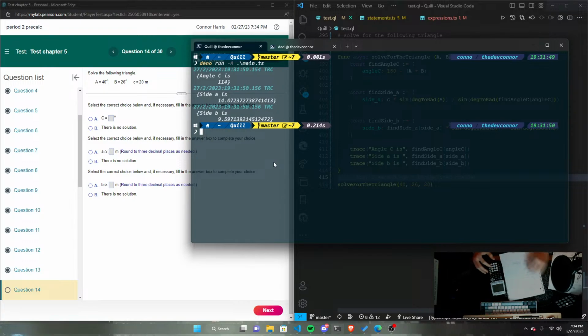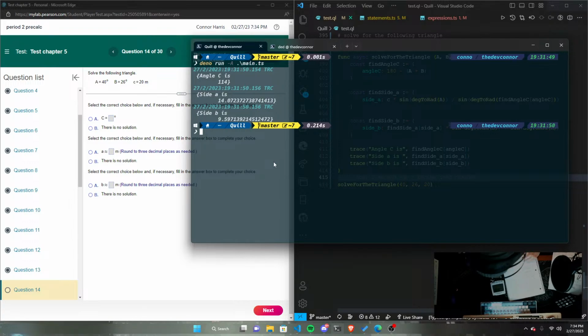Okay, so we have, oh crap, I didn't mean to do that. Let's store this value. And we'll have sine of 26 divided by the sine of 40. Make sure our degrees are, of course we get an error.